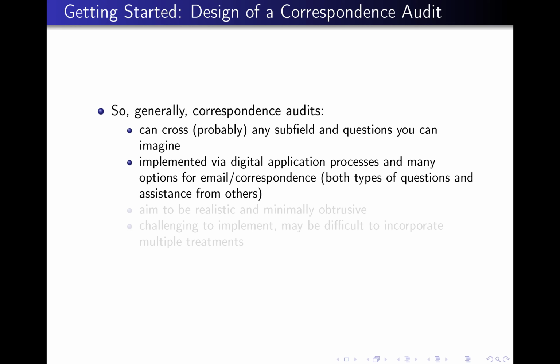Oh, and I should say this: both types of questions need assistance from others. A lot of correspondence audits do a very basic job of looking for a response, period. And I think there's a lot of value from thinking about what an actual outcome you could get that would be more useful in the real world. So for instance, we have a correspondence audit that we just did where some people have sent emails to college admissions counselors asking basic information that could be obtained using Google.